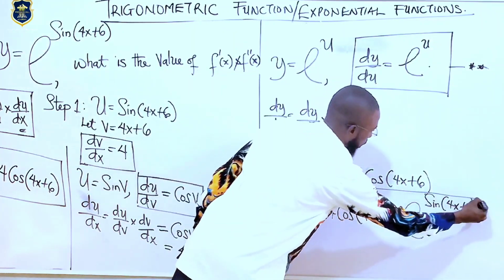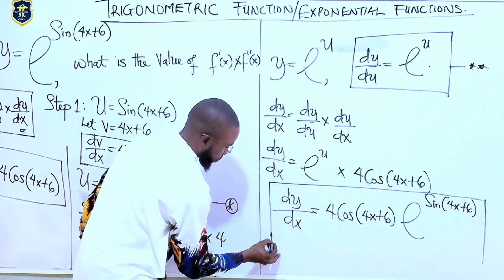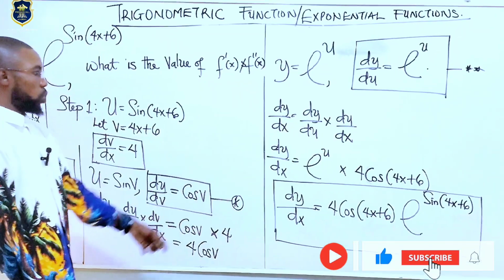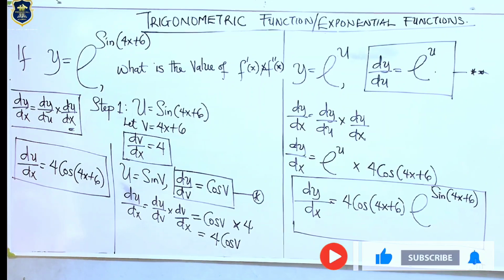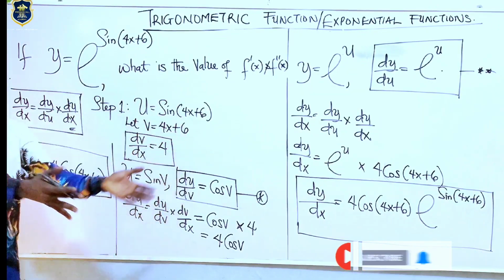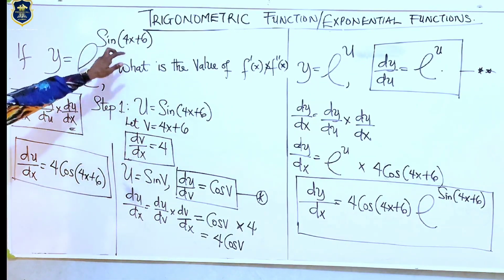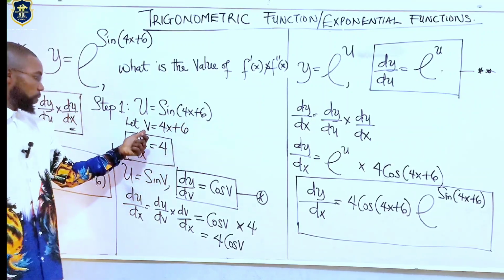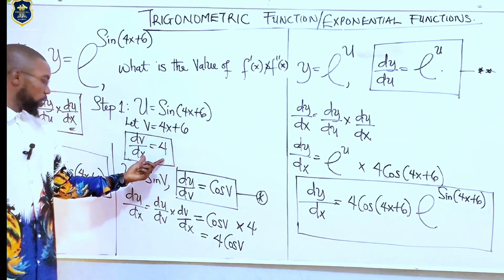That's a valid answer for the first derivative. Look at how it works. First of all, replace this with u, naturally. That's what we normally do. Then replace this value with v and differentiate with respect to v.